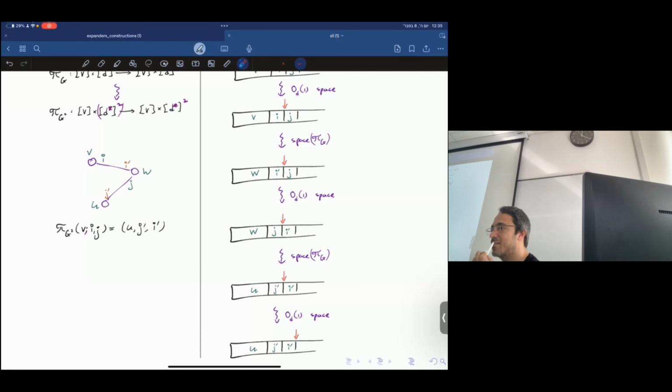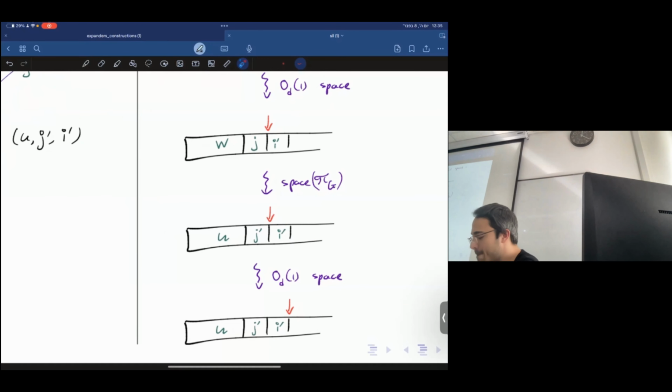So space for pi G, you mean, or for computing GT minus 1? When you have WJ, do a single step and say, okay, now we have UJ tag, J prime. Like someone did this for us. And my understanding, formalized with the full machine, is that we go to another state that performs this. No, it's not a state.